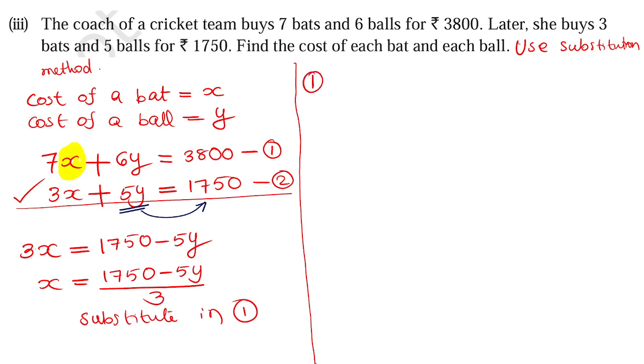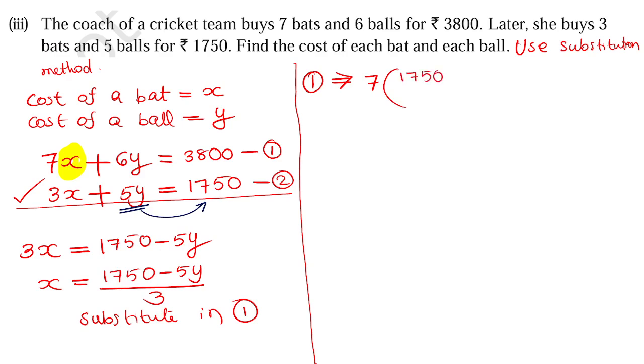So the first equation becomes 7 times X. What is this X? The X is this one, (1750 minus 5Y) divided by 3. So X is replaced by this one. Use bracket.